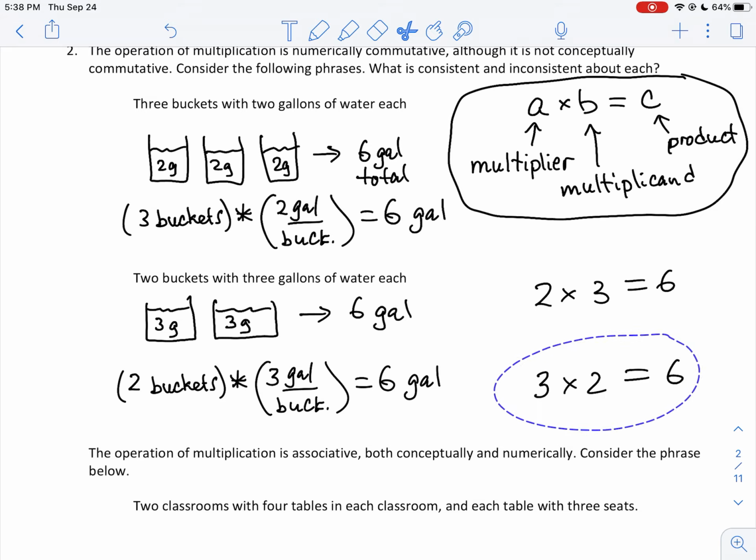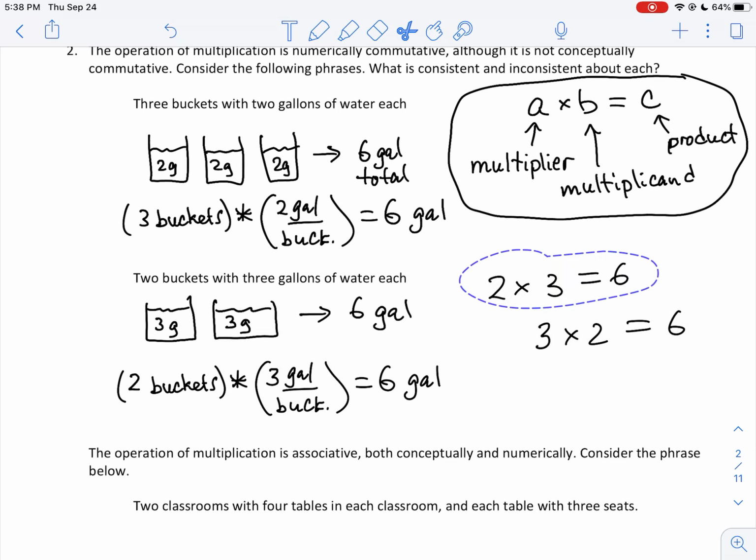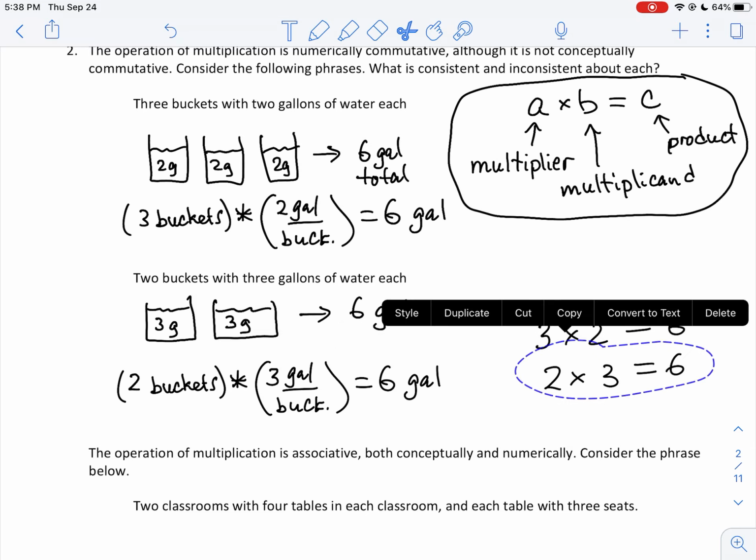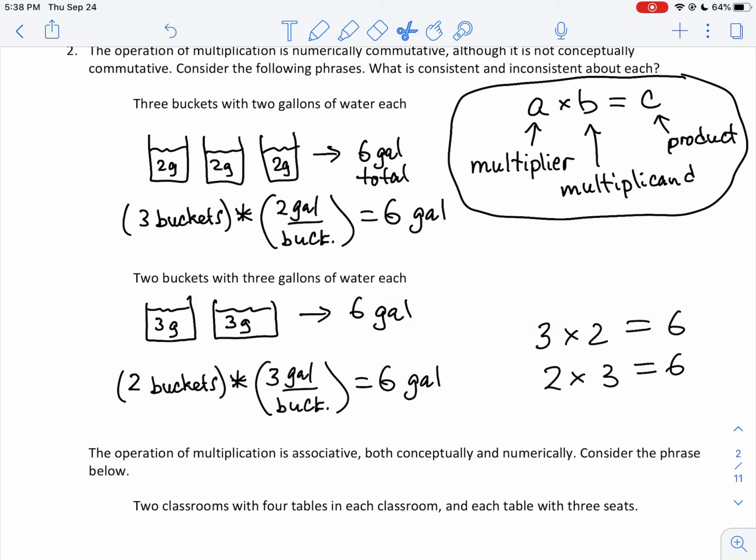So this one corresponds more with the first example, and then this one here corresponds better with the second example. So they're inconsistent. By they, I mean these 2 scenarios, these 2 visuals are inconsistent in the sense they don't produce the same visual, but they are consistent in the sense that they both yield a result of 6 gallons in total.